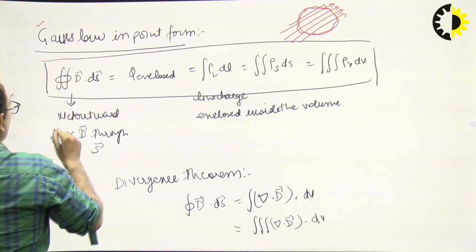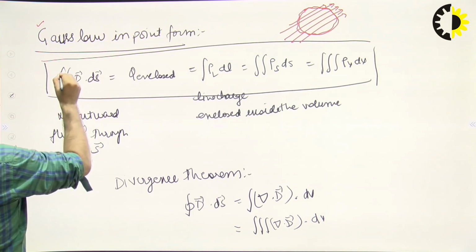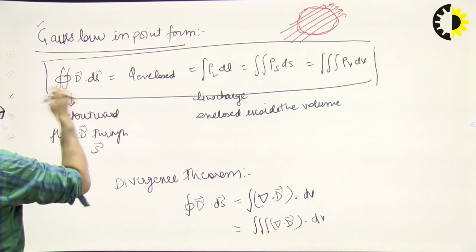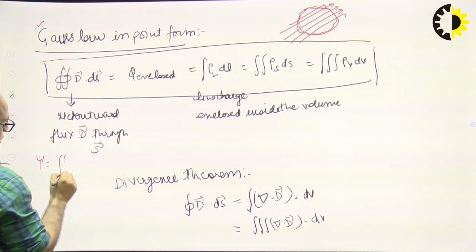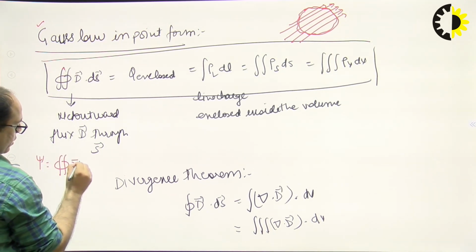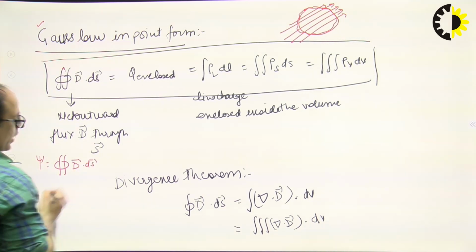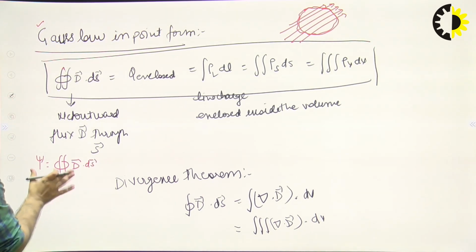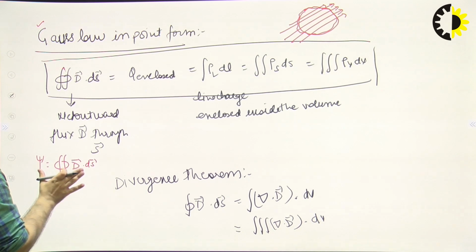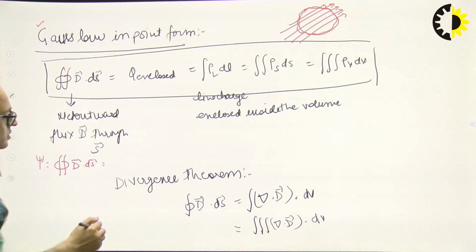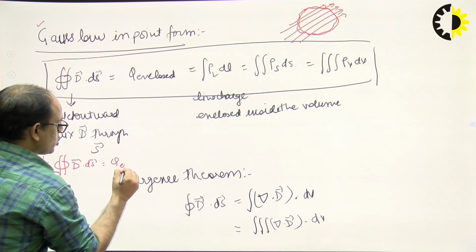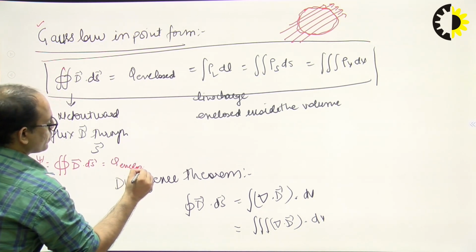As we discussed in the previous slide, net outward flux is represented by D vector dot ds vector, and Gauss law says that the net outward flux from the surface always equals the total charge enclosed by that surface, that is Q enclosed.